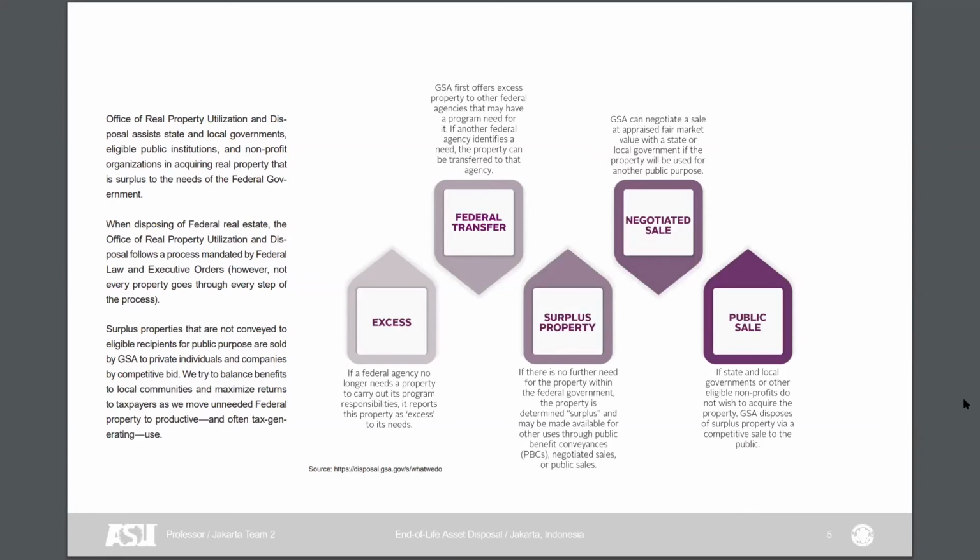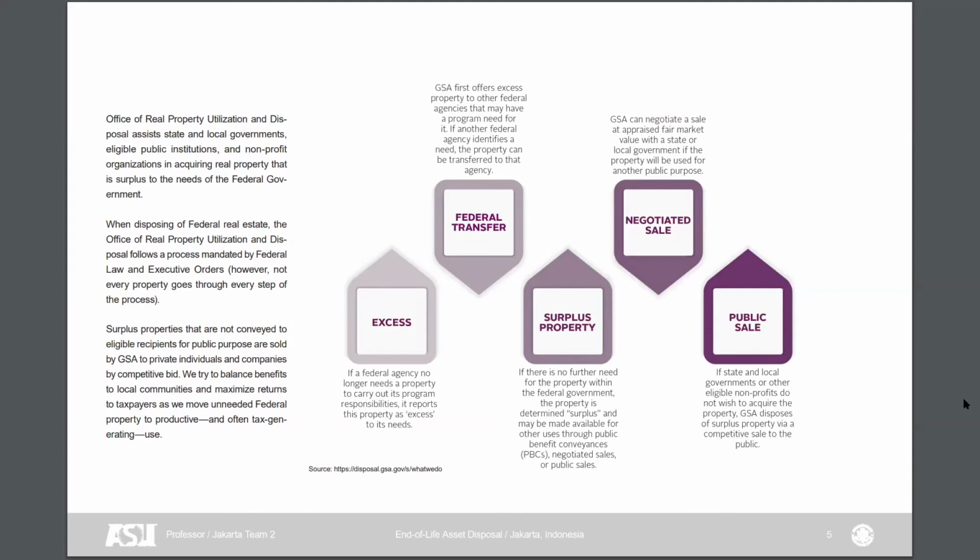These include excess, federal transfer, surplus property, negotiated sale, and public sale. Excess really refers to any federal agency that no longer needs a specific property. It tags that property as excess and then takes measures from then on.